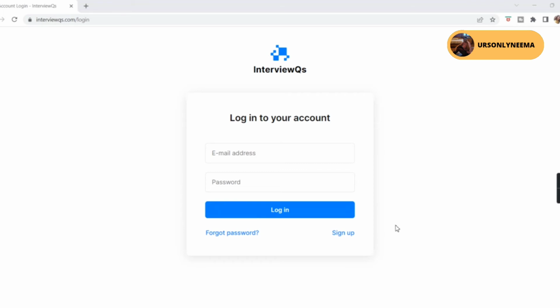So here I will take you through the website and let you know what all you can find on it. To mention, this is not quite often discussed on any platform, this Interview QS. So here when I go to the dashboard, you can see it asks for login. So you can literally go and get your account created, or you could log in using your Google account.